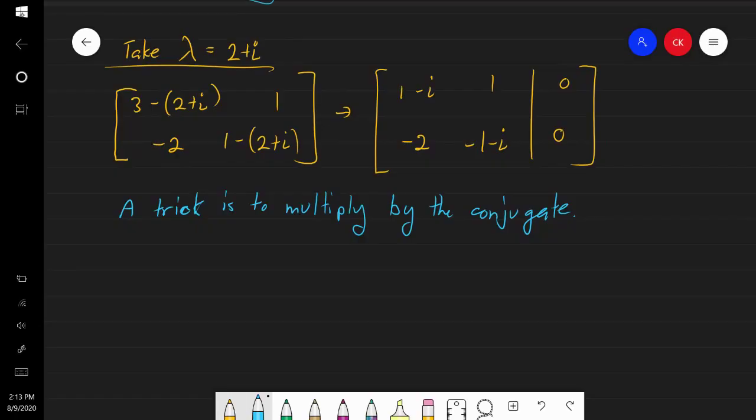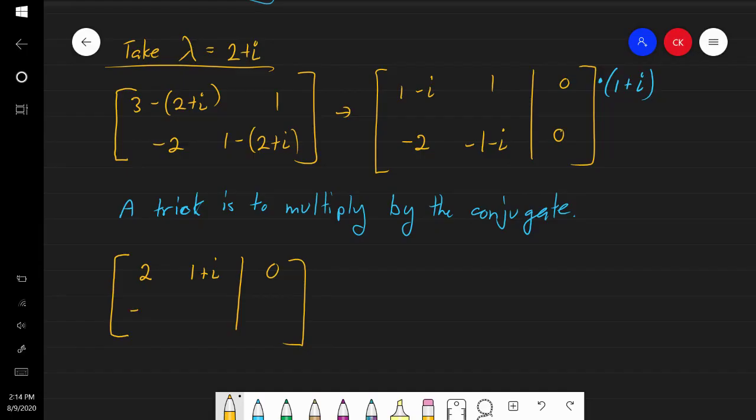So I'm going to multiply the first row in this one by 1 plus i, which is the conjugate of this element here. So we'll go ahead and put in a 1 plus i times that first row and see what the result is. So we end up with 2 and 1 plus i and 0 as our new first row.